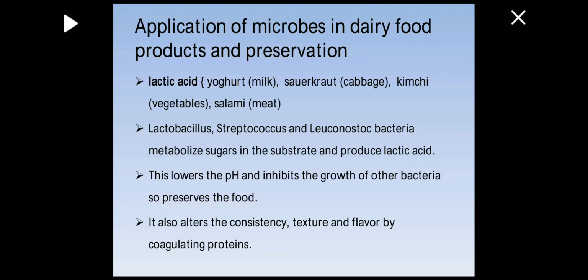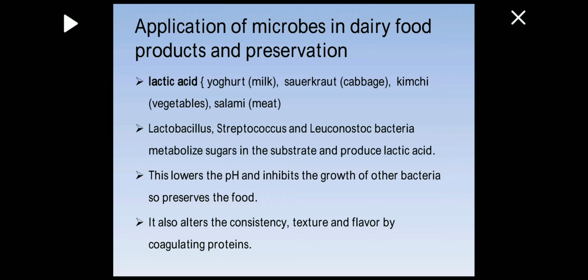As a result of the production and introduction of lactic acid into different food products, it lowers the pH and inhibits the growth of other bacteria, so it preserves the food.